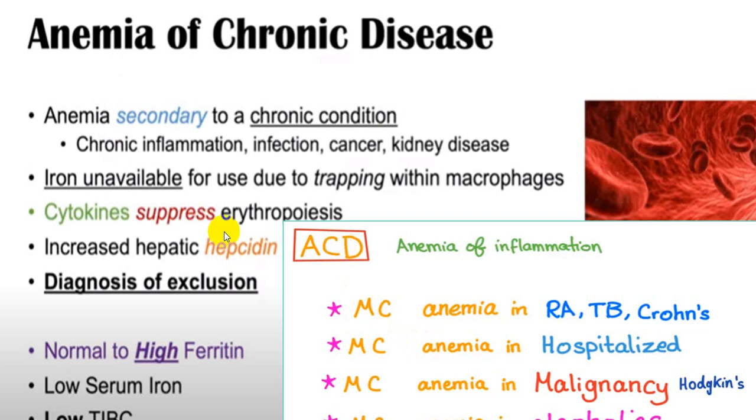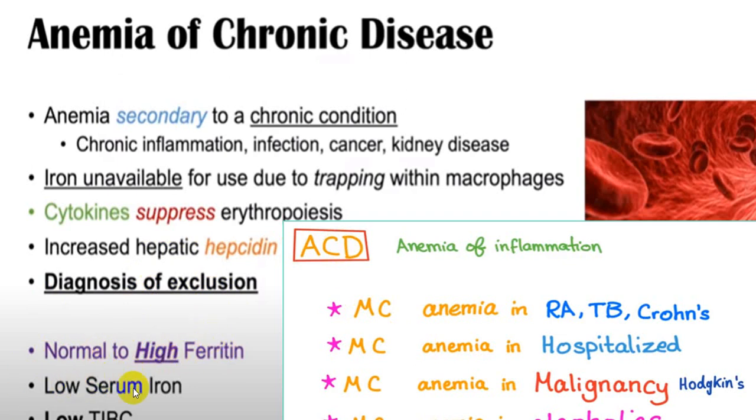Now in these particular groups, the diagnosis is always by exclusion. So once you rule out thalassemia, once you rule out iron deficiency anemia, etc., then you can suspect anemia of chronic disorders.